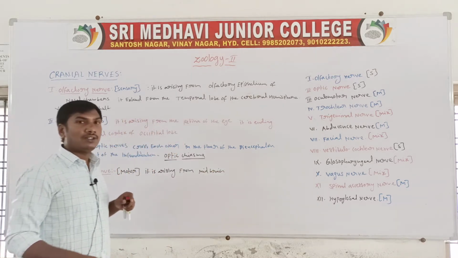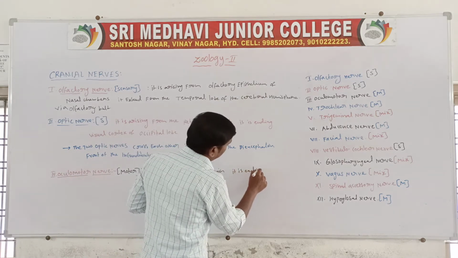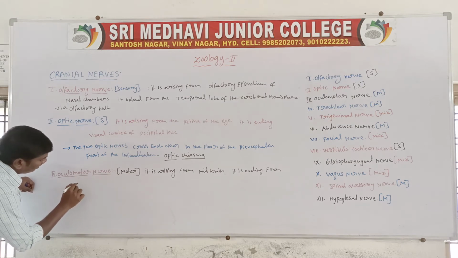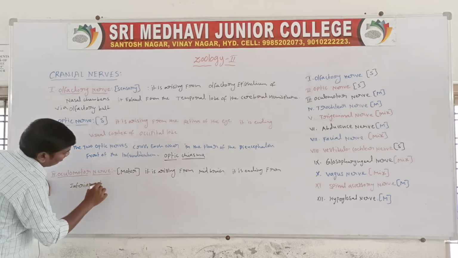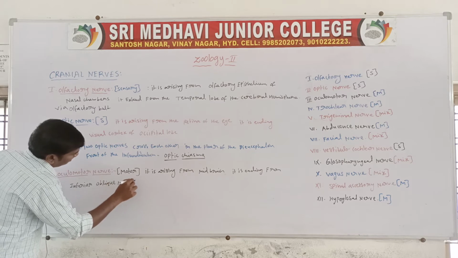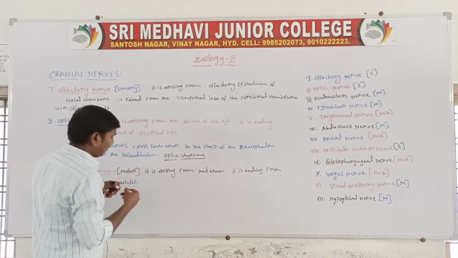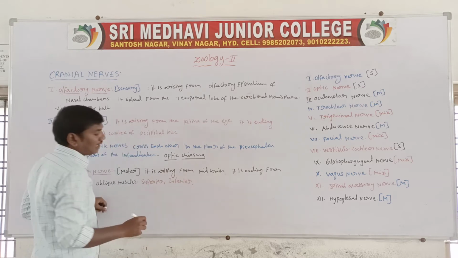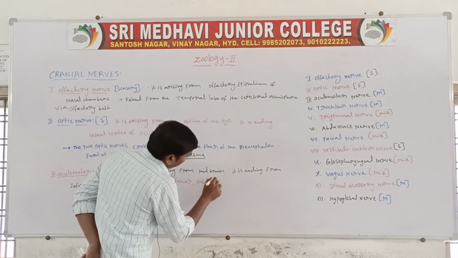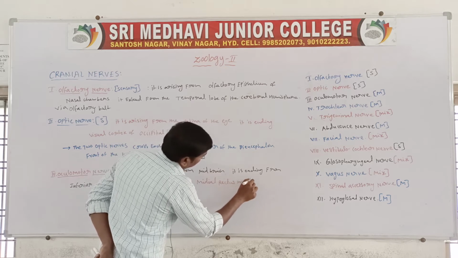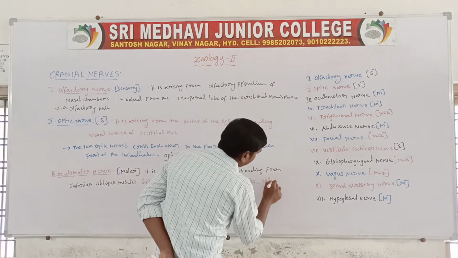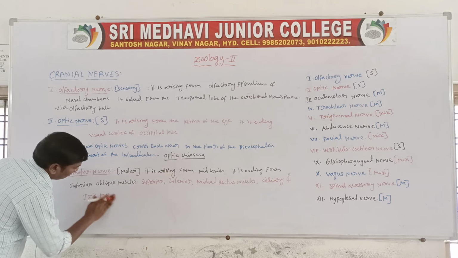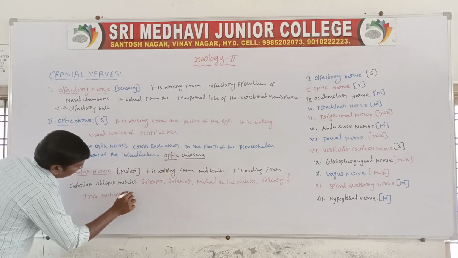It ends at the inferior oblique muscle; the superior, inferior, and medial rectus muscles; and the ciliary and iris muscles of the eyeball.